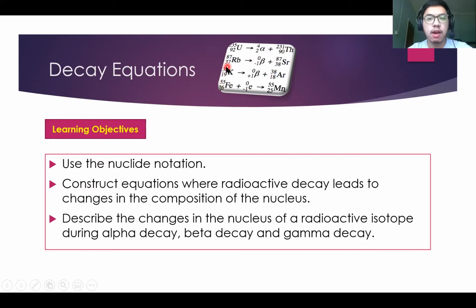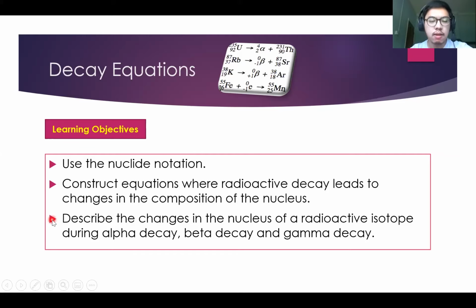So here you have potassium. The potassium decays, emitting a beta particle, and what's left of it becomes an argon nucleus. You are going to learn how to construct decay equations later.